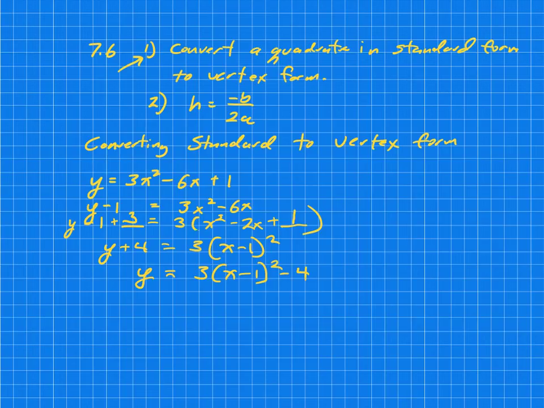Note now that we can see that the vertex is at 1, negative 4, and we have pretty steep sides. Once you plot the vertex, you're going to use that 3 to tell you what's going to happen when you go to the left or to the right 1. And in this case, it's going to go up 3. So it's going to be a very steep and thin looking parabola.